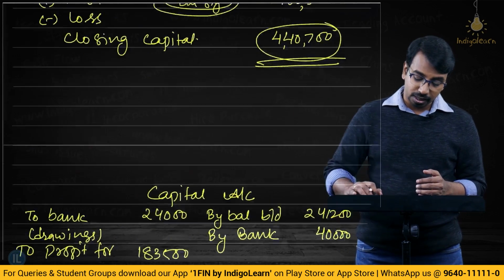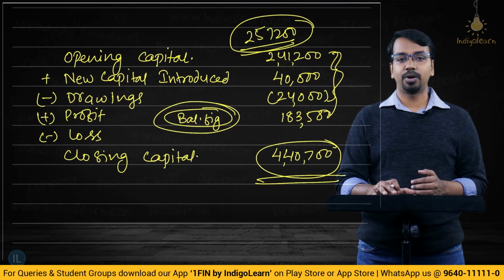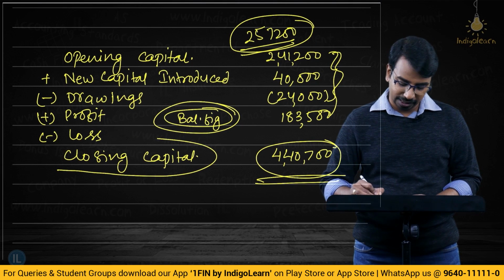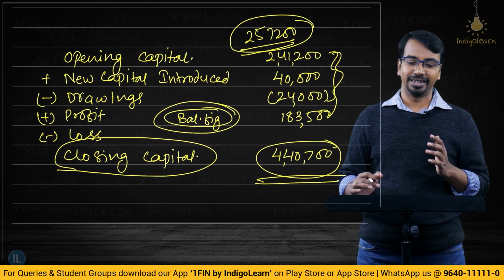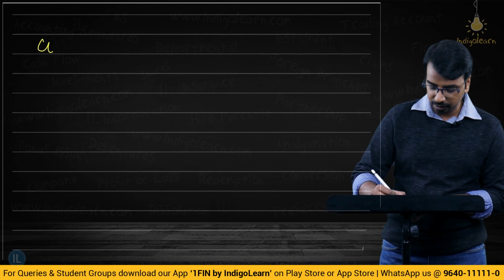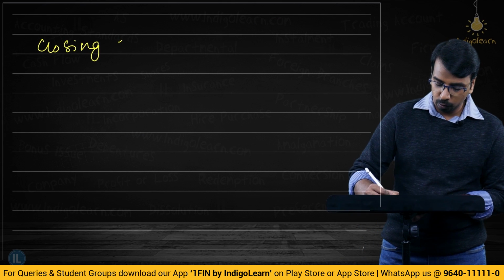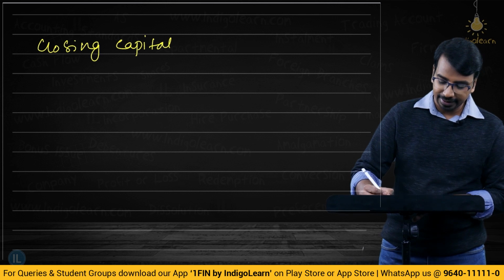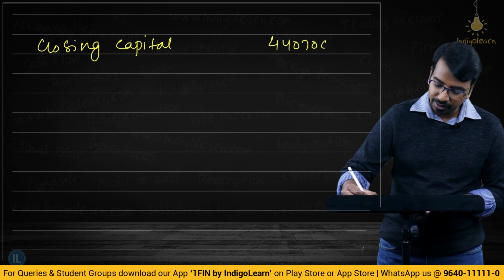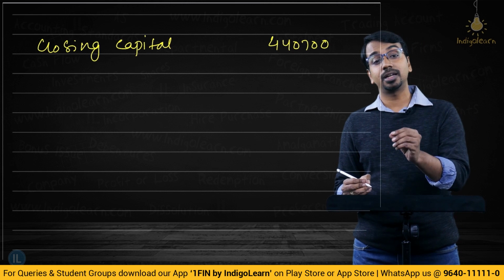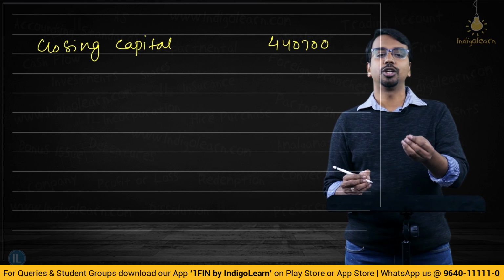The third way is you can rearrange this statement whatever we have. You can start with the closing capital, do all the reverse adjustments and arrive at the profit. So, you can start with your closing capital. Closing capital is 4,40,700. This is after giving effect of drawings and new capital.